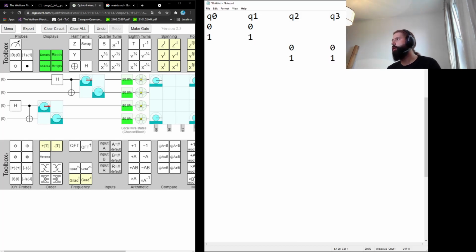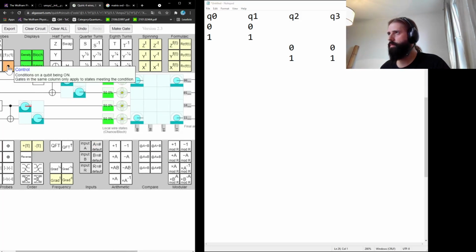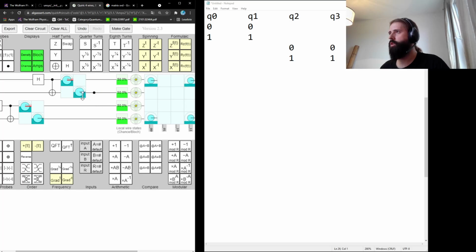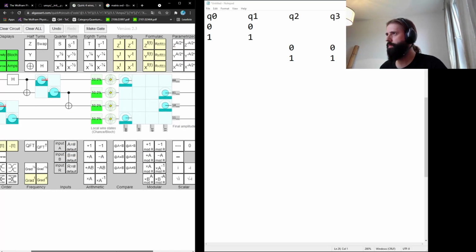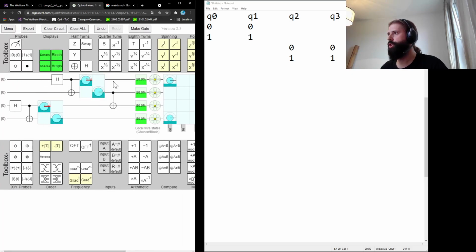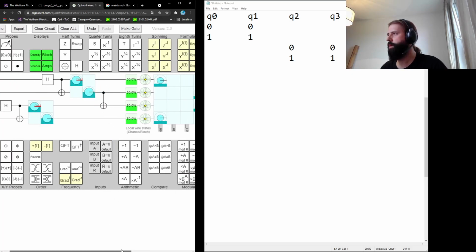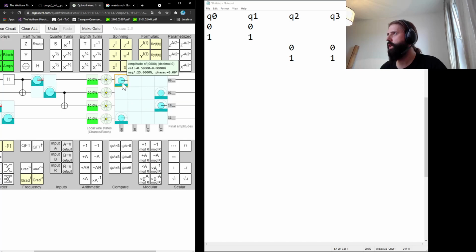Now, I think the hardest part of all this is how do we evolve the system? If I now go and say, boom, I'm going to add a controlled NOT gate here, bridging both things, we have a different correlation.